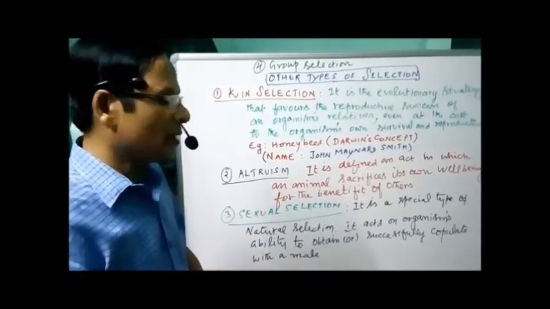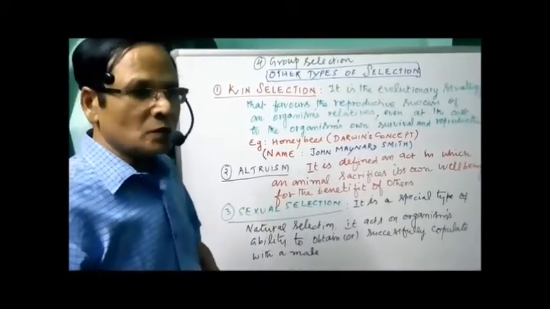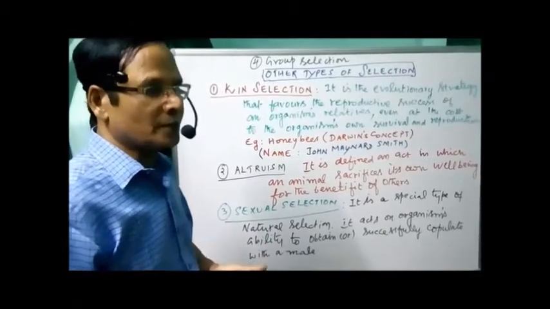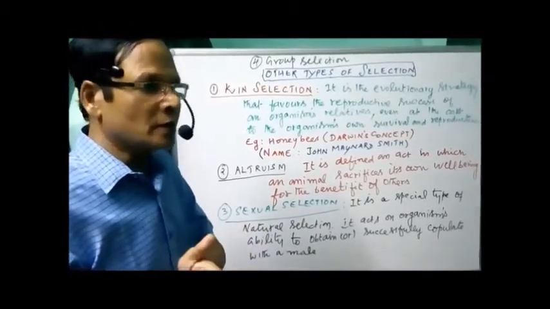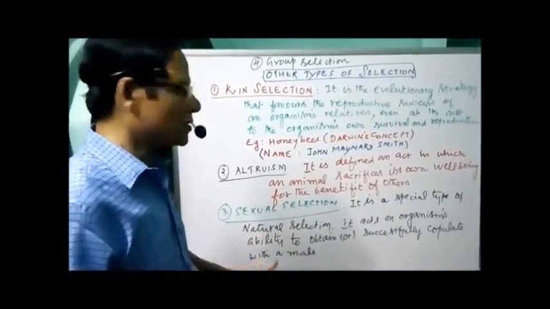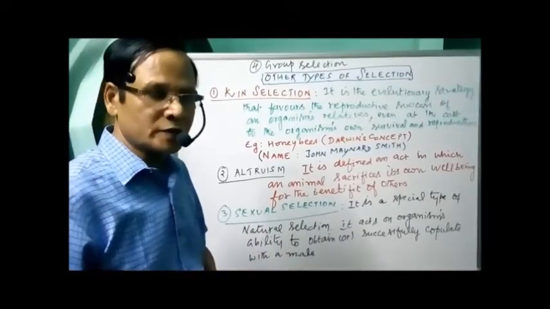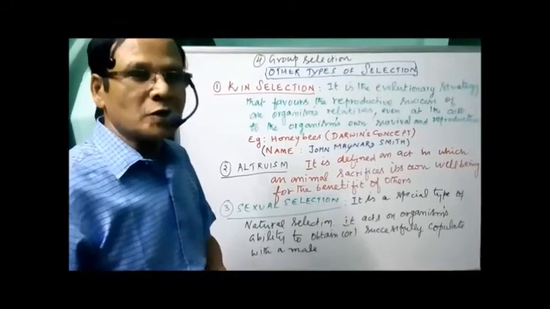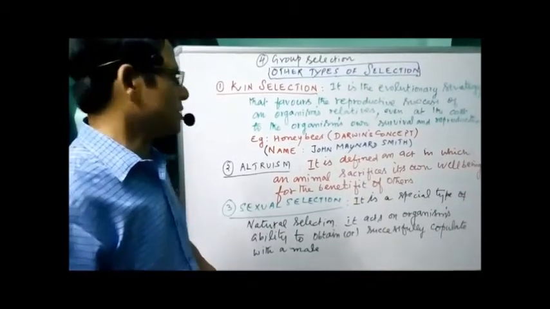Those individuals who are able to successfully mate with a male are being selected. That is called sexual selection, but in Darwin's concept of natural selection, this is not included.